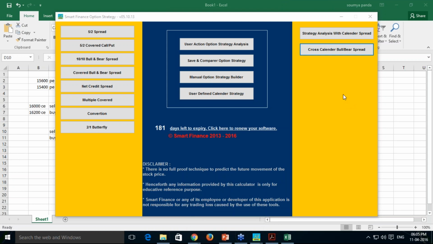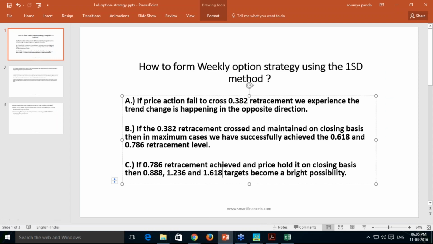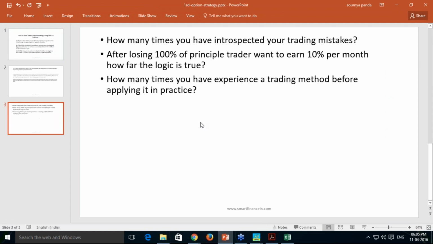Before I conclude the session, there is one more very important thing I want to tell you. Many of you are trading, but what does my common experience say? How many times have you introspected your trading mistakes before you start your money management? These are the three key aspects of your money management.